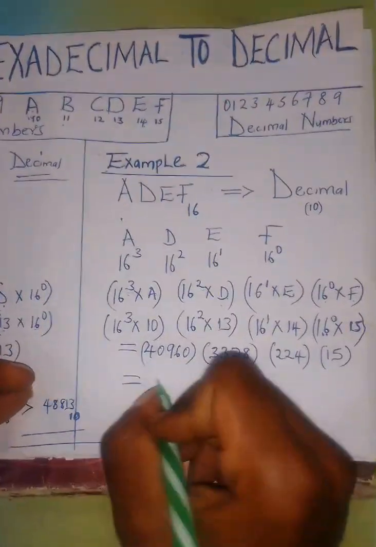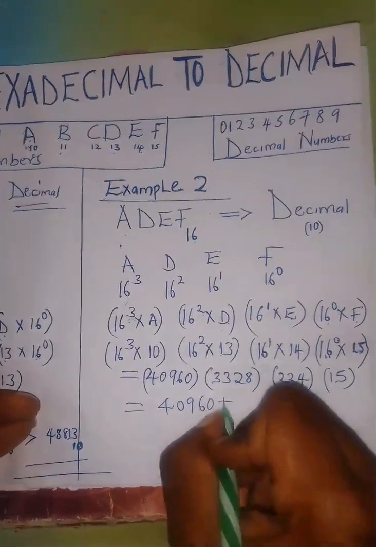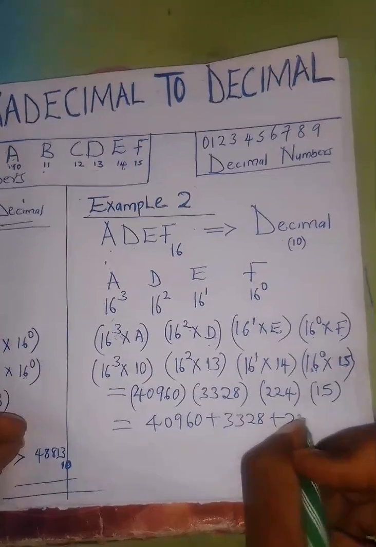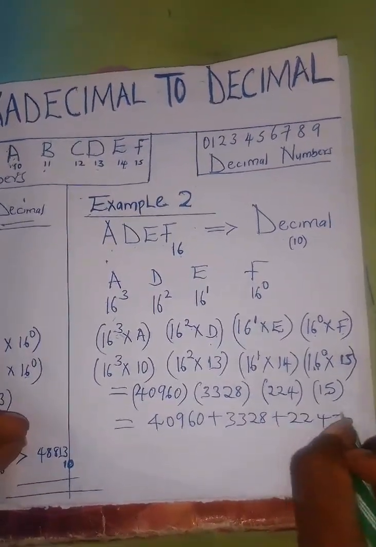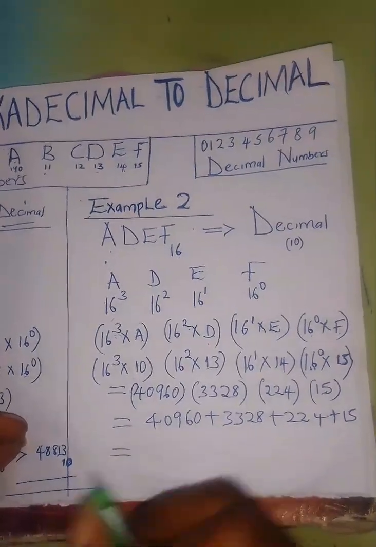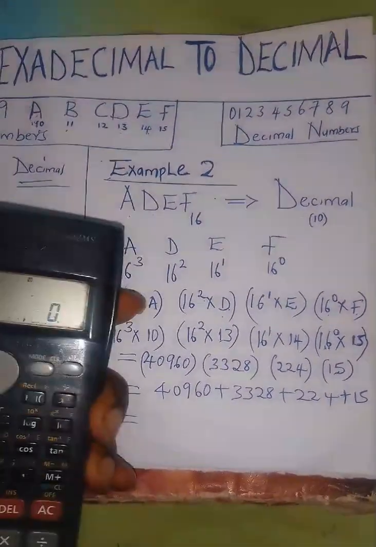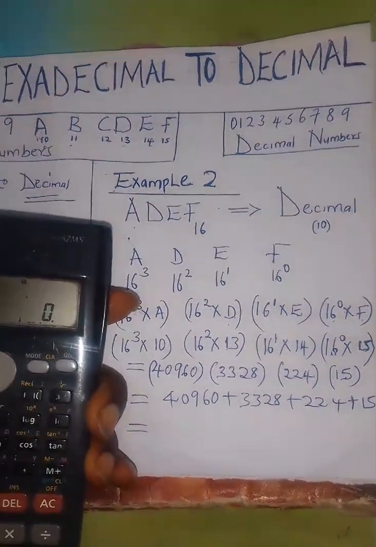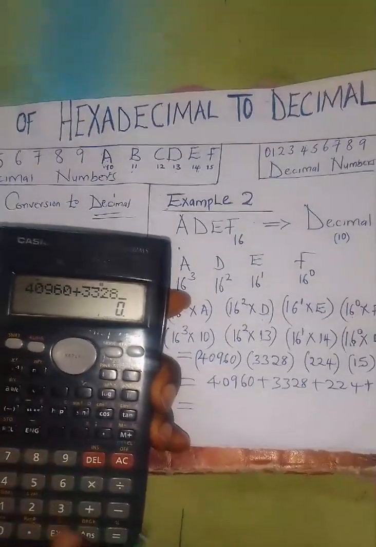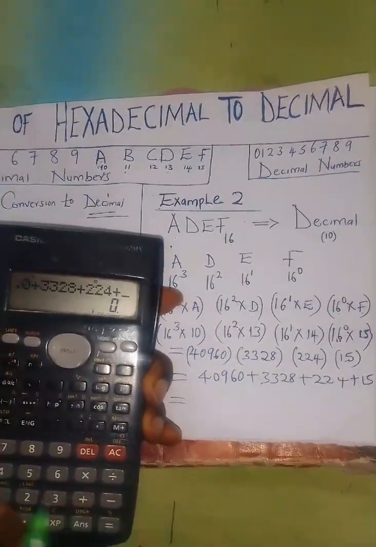Then you perform addition. 40,960, you add 3,328, you add 224, you add 15, which is 40,960 plus 3,328 plus 224 plus 15.